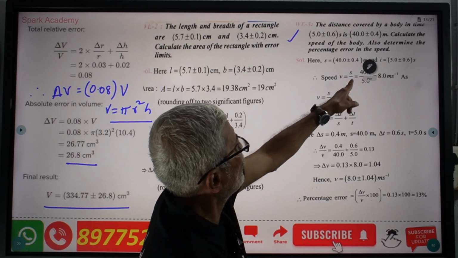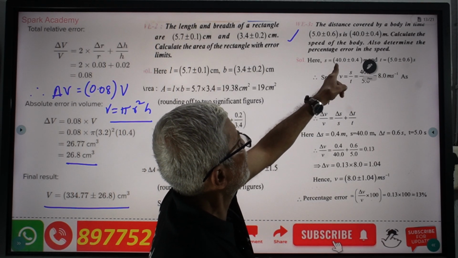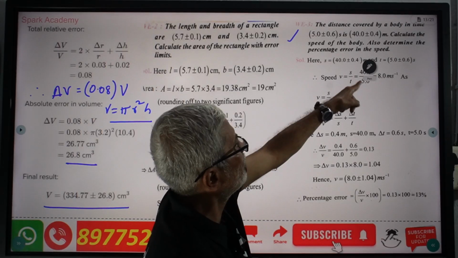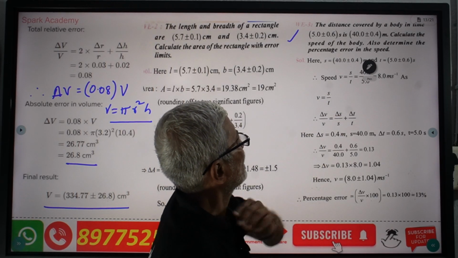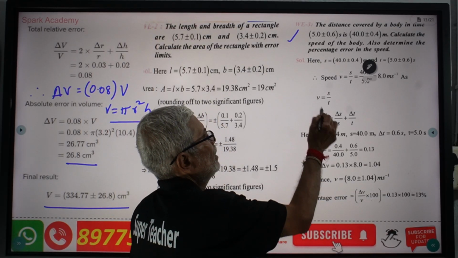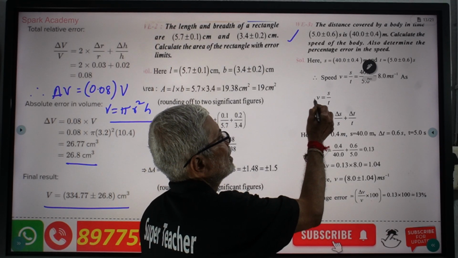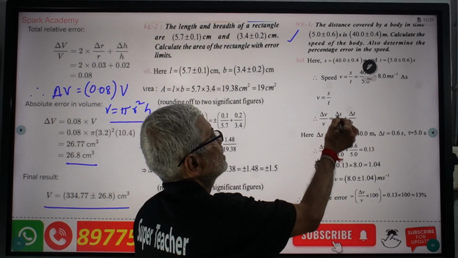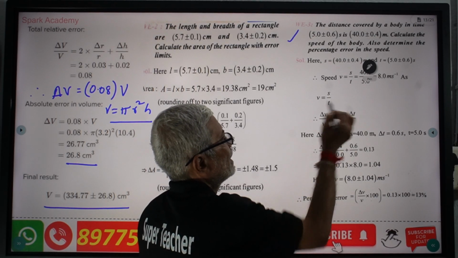Calculate the speed. You know speed is equal to distance by time. So the absolute value is 40 by 5, 8 meters per second. So how do you write it in error form? Del V by V, this is velocity, not volume. Del V by V is equal to del S by S plus del T by T.